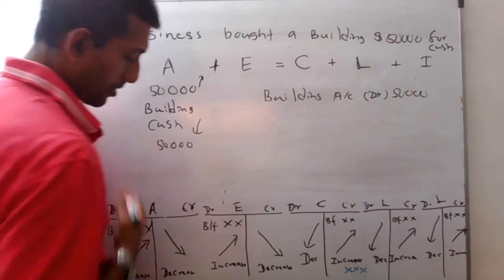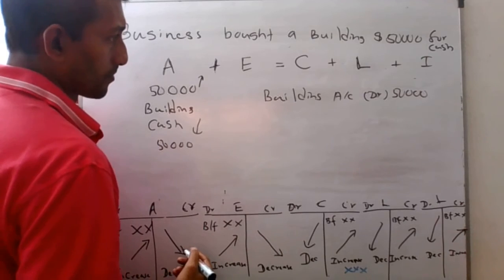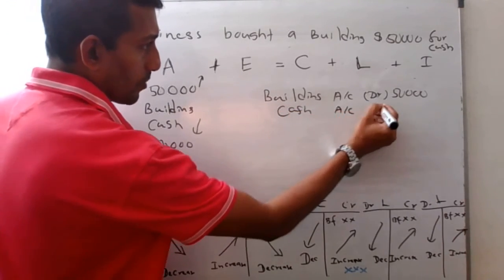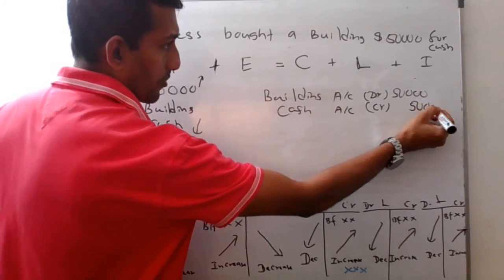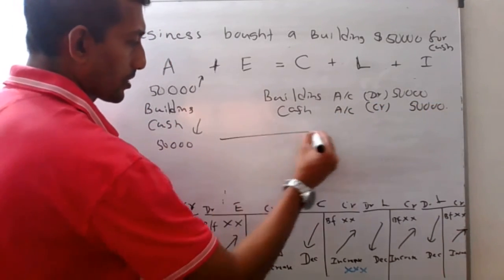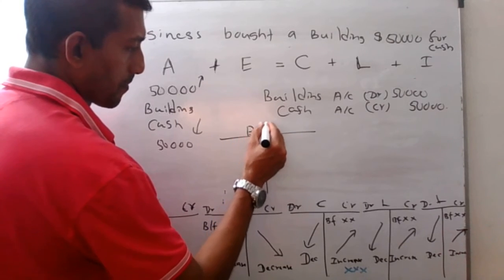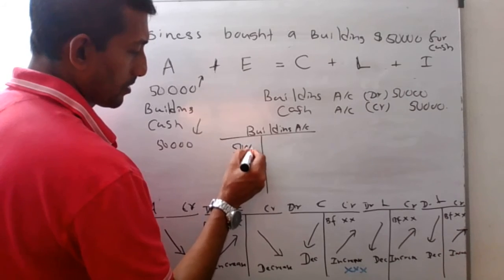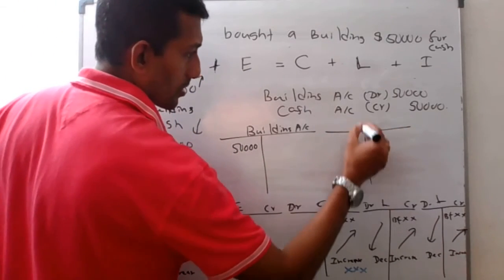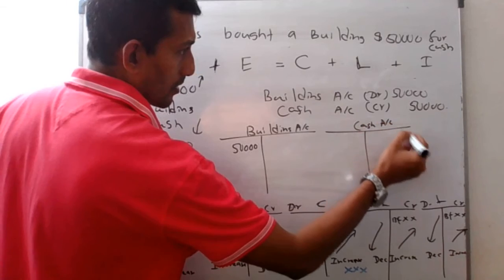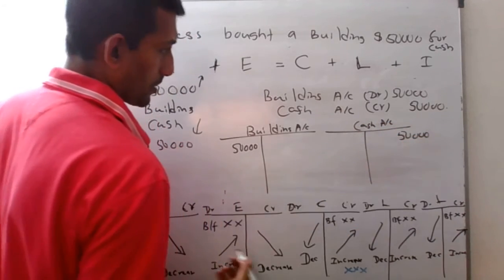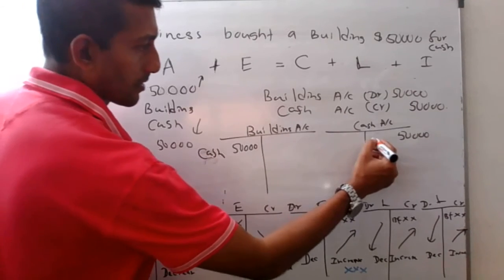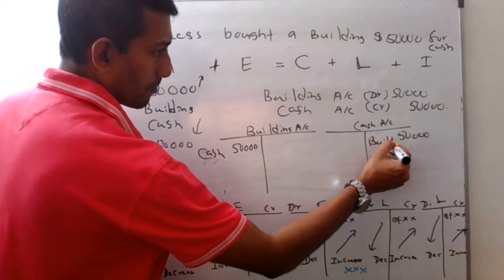So you debit it because an asset is increasing. At the same time, because the cash is reducing, we credit the cash by 50,000. So the building account would be 50,000 and the cash account would be 50,000. So here we say cash and here we say building.